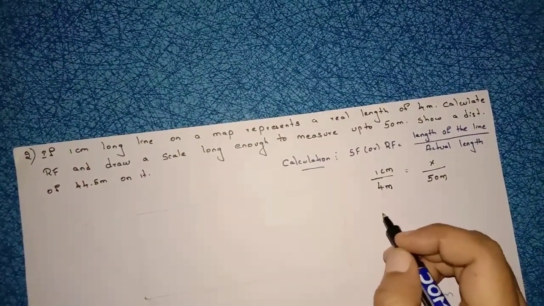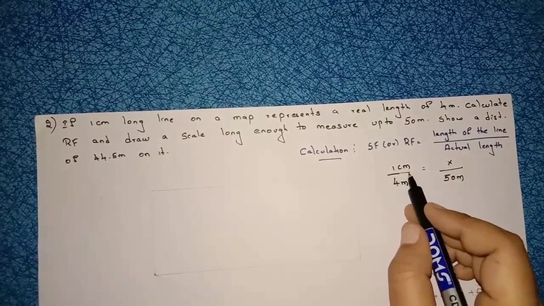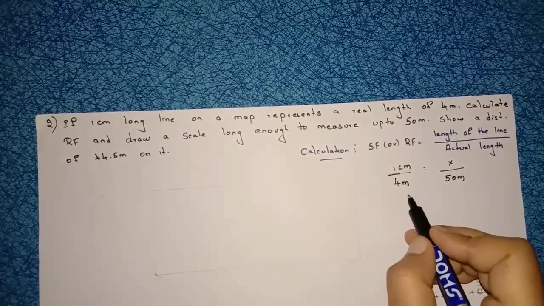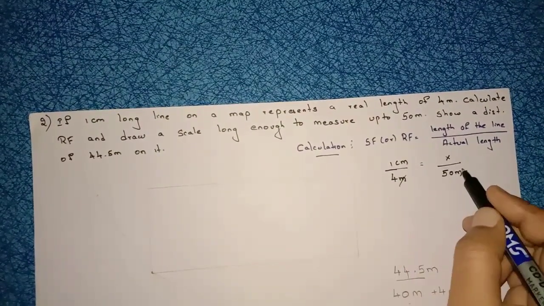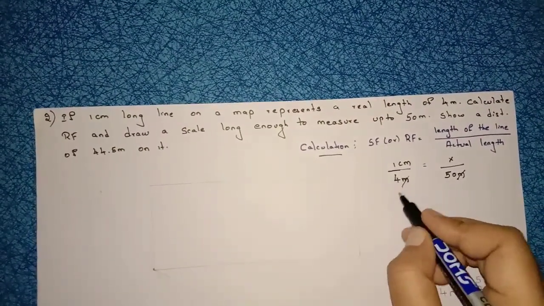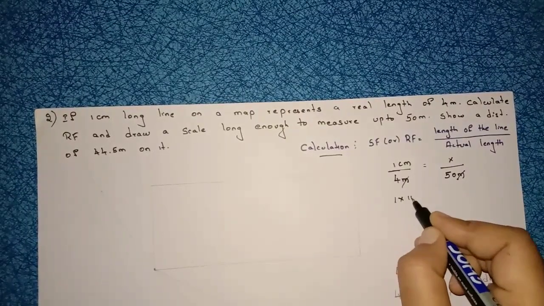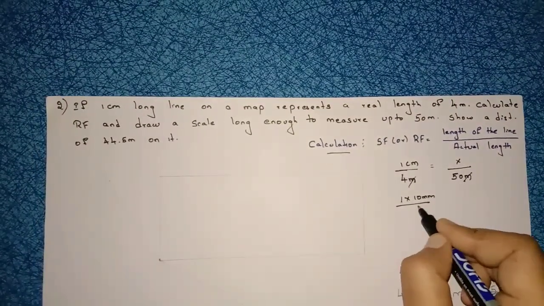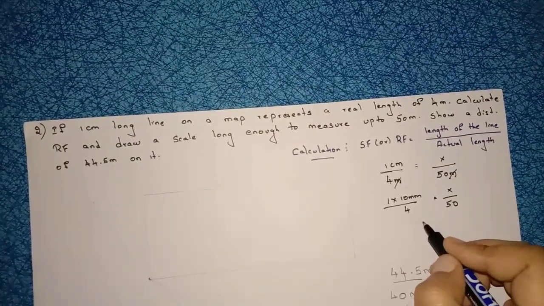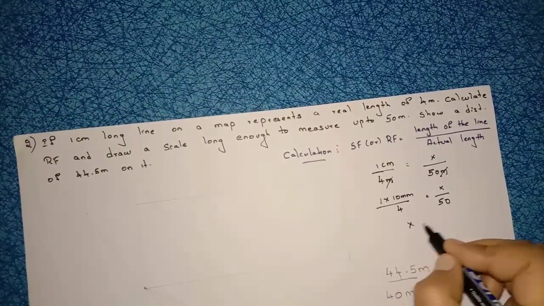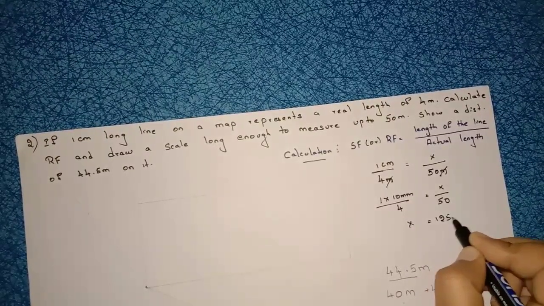Don't see the numbers, see the units. Centimeter is smaller when compared to meters. So 1 centimeter by 4 meters. Meters get cancelled. 1 centimeter equals 10 millimeters, so 10 by 4 equals x by 50. Right? So you will get x equal to 125 mm.